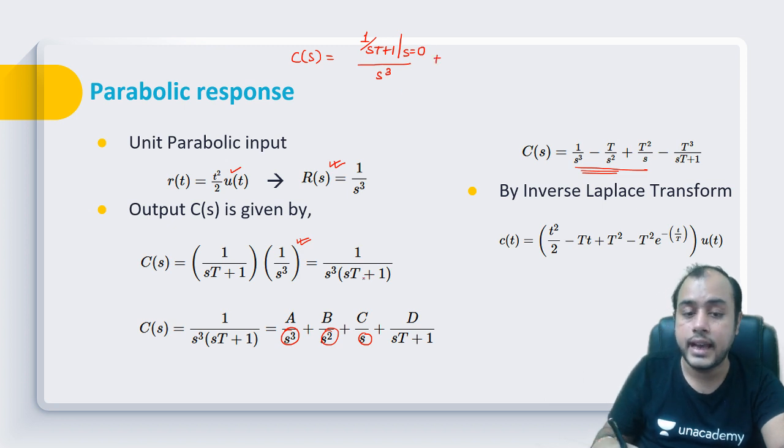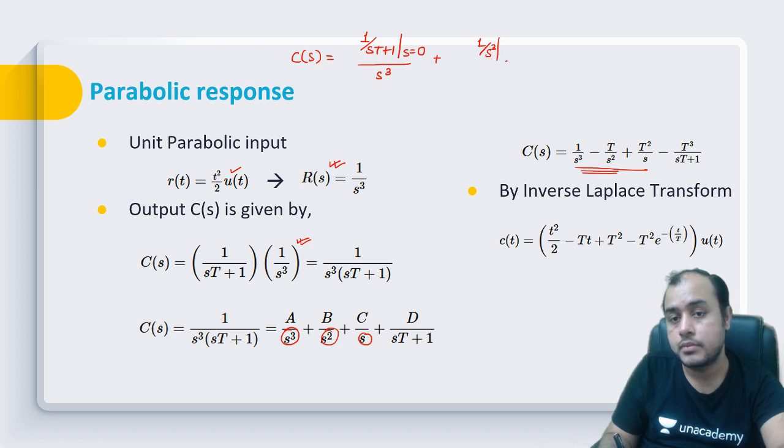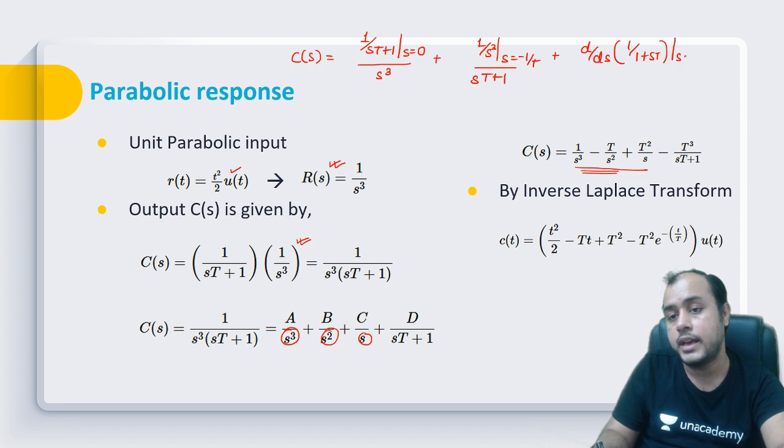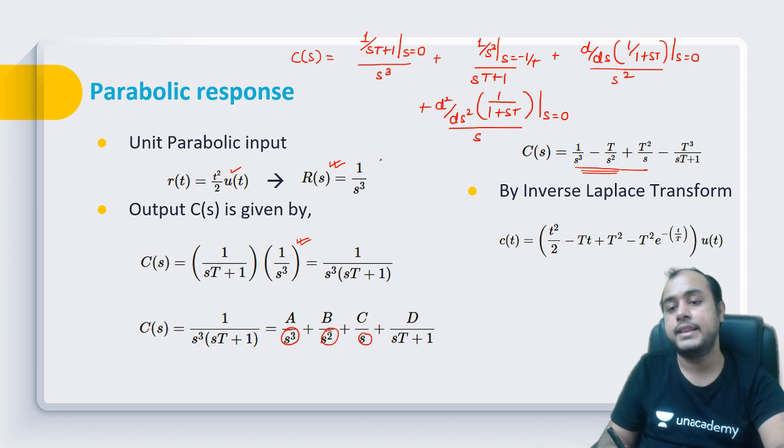Okay, then s equal to minus 1 by t, you will put st plus 1. Then you will take the derivative of 1 by st plus 1, and you will put s equal to 0. Then you will take the double derivative, okay, like that you will go.